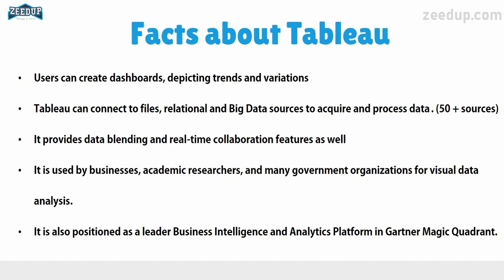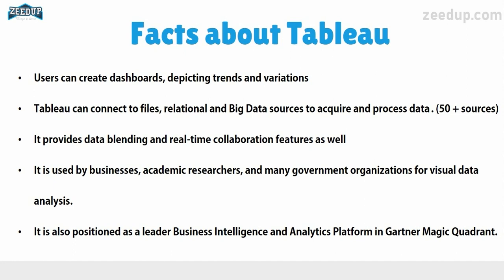It provides data blending and real-time collaboration features as well. So what are these? These features make Tableau very unique, because they are not provided by each and every business intelligence tool out there. These features make sure that Tableau is well understood and well used by the people out there.